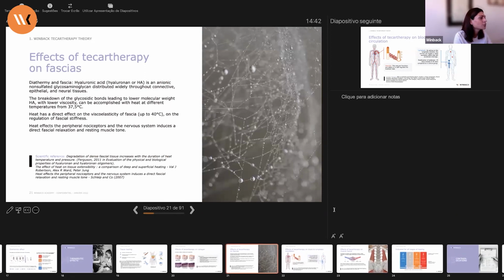So the effects of the Tecar therapy on fascia. Fascia is one of the most important tissues in our body. And in the pelvic floor, it's one thing that we really need to value. So the diathermy and the fascia have a really good connection.